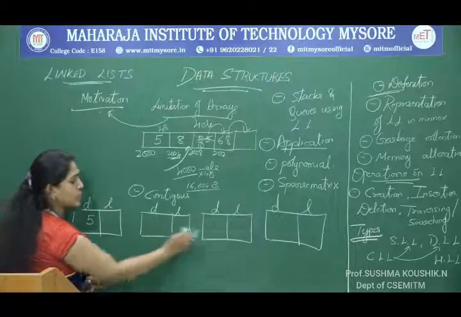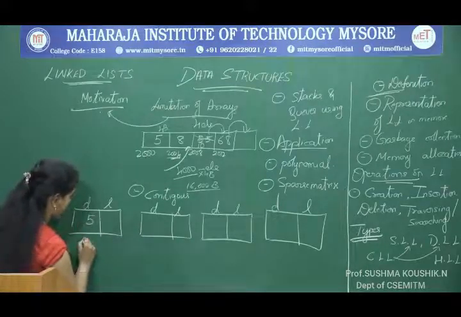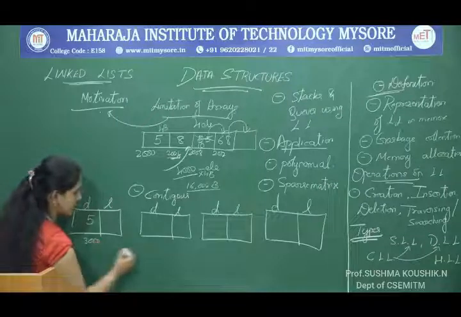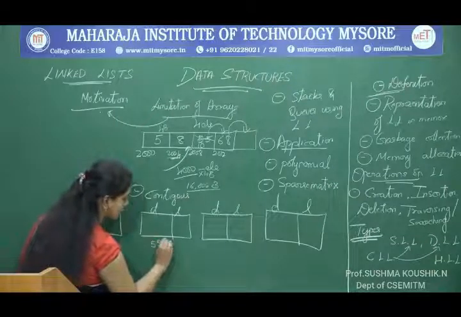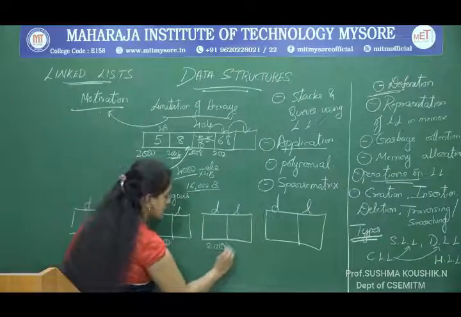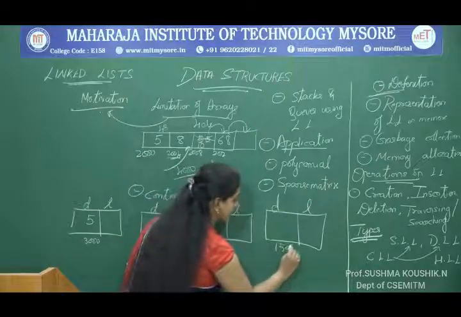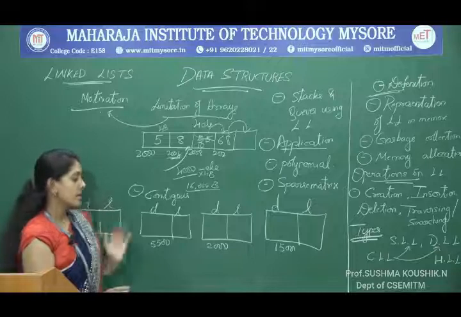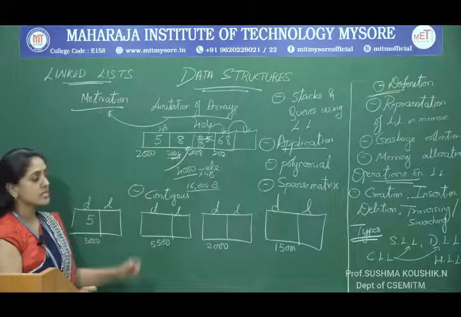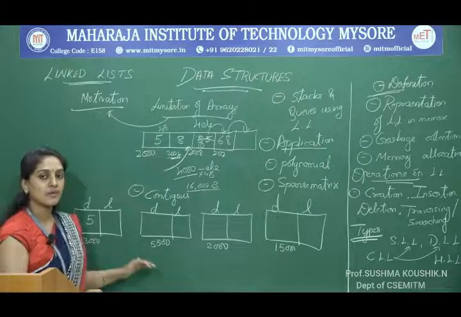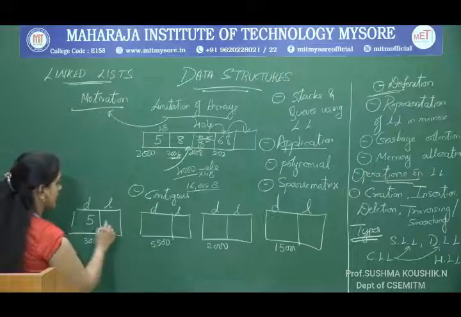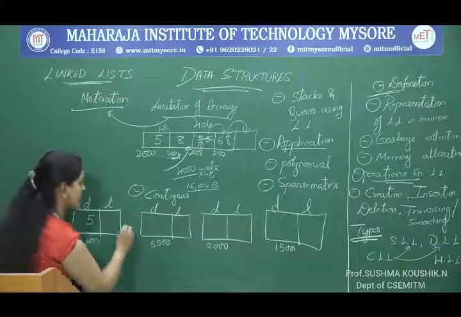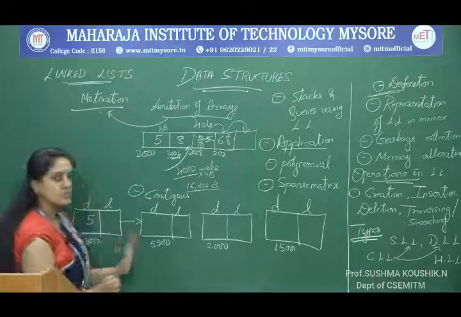Every node has some memory, and now I will assume this is 3000, this is 5500, this is 2000, this is 1500. So here with the memory you can understand that the memory is not contiguous. The first setback we have overcome over here, and the link part is trying to link to the next node.